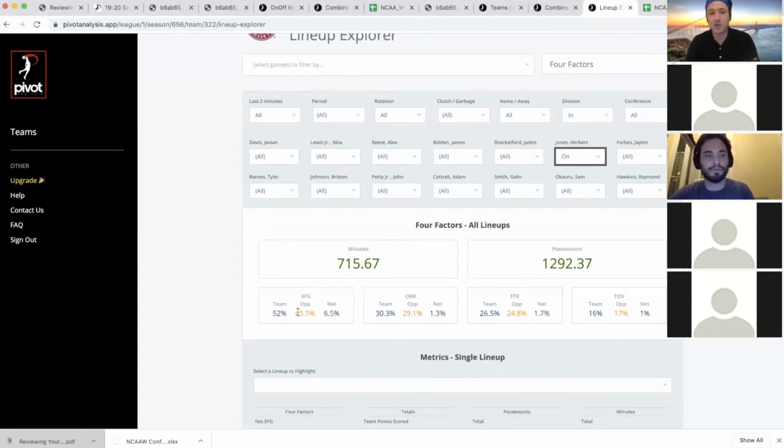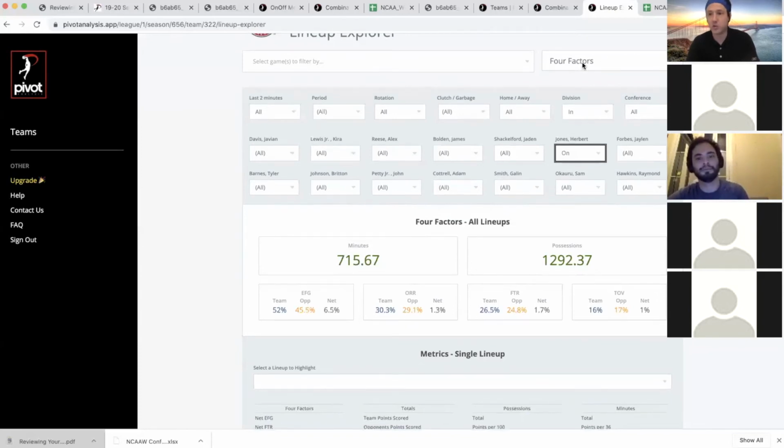It's not as much on the efficient shot profile, it's a lot more on the other 3-4 factors. So drilling into these metrics and understanding what a certain player's impact is useful for starting to pull out where they can start to contribute and maybe move into a bigger role.